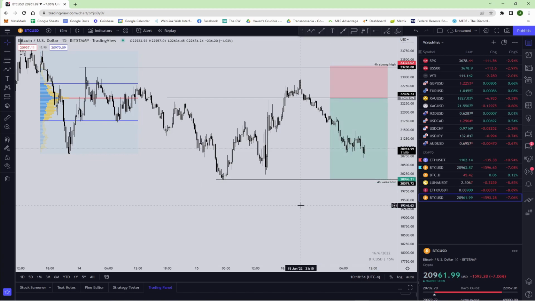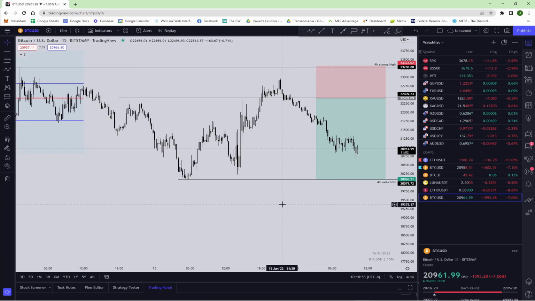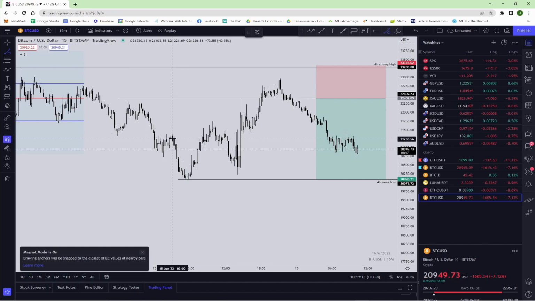Target is that level right there. How do we know when is the right time to enter? Well, we do the same swing structure that we've been doing on all the other time frames to see when we get a CHoCH on the 15-minute. So let's see, we had a bullish CHoCH here on the 15-minute, right here.